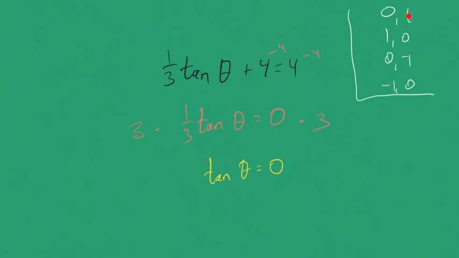So if we do 1 divided by 0, that actually is impossible, right? We can't divide by 0. So we automatically know it's not going to be this one, and therefore it's not going to be this one. But we could do 0 divided by 1, because that would work, and that would give us 0. And 0 divided by -1 would also give us 0.